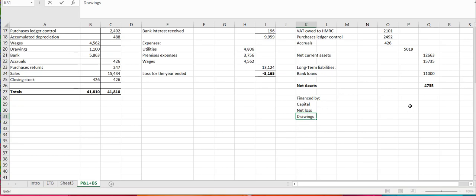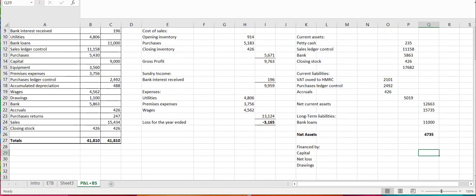So I have the capital amount, and I pick up my net loss. In fact, I just want to link it straight from here as a minus, and then I have drawings as well. I look for my drawings and I pick up the drawings, which is 1100.